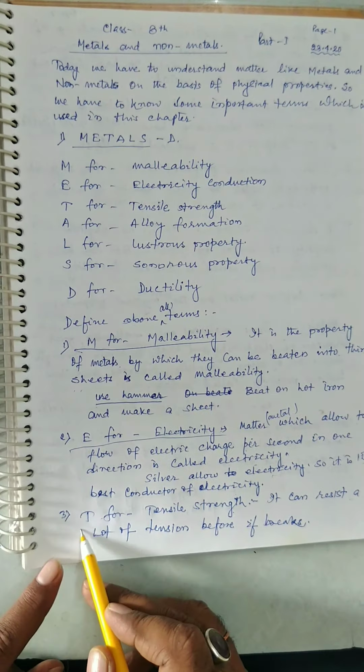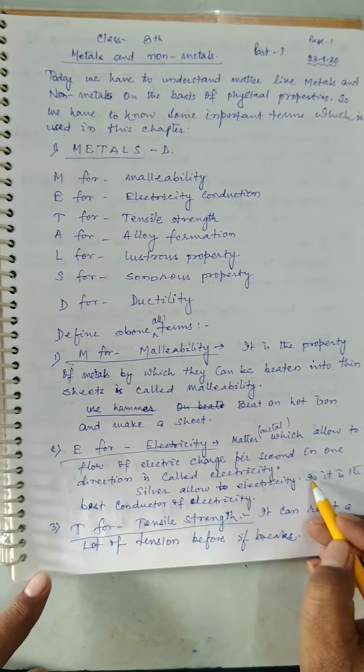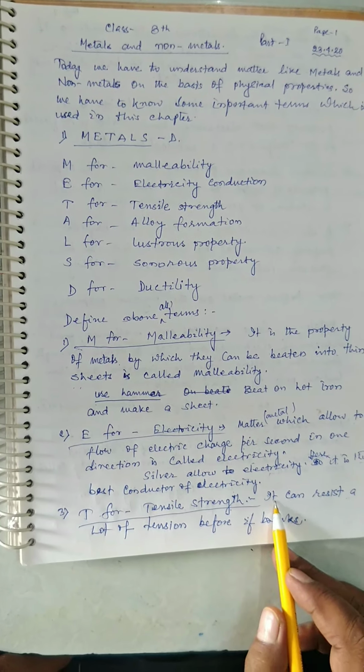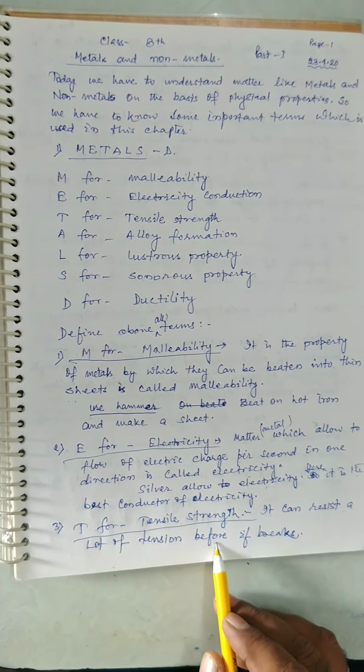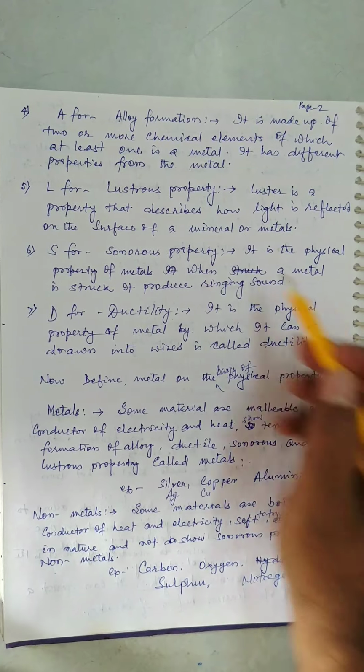T for tensile strength. It can resist a lot of tension before it breaks. That is known as tensile strength. A for alloy formation.